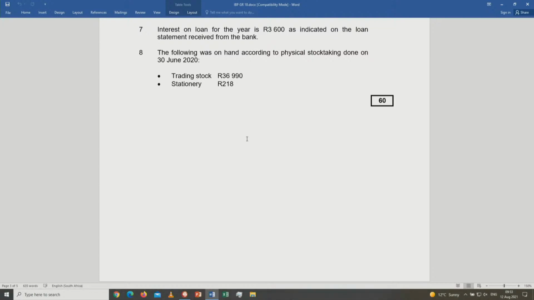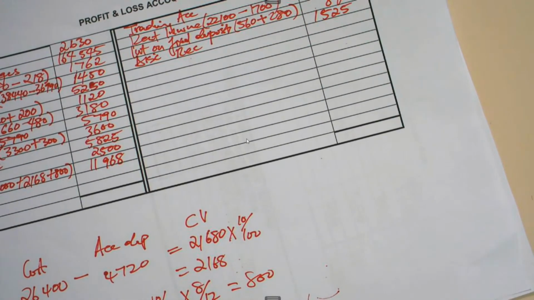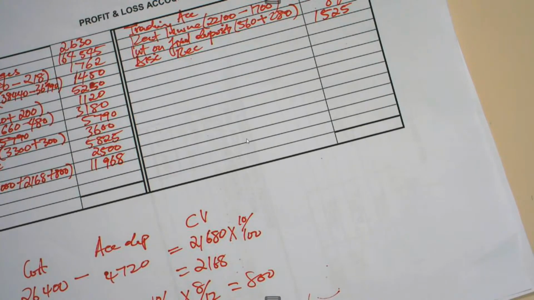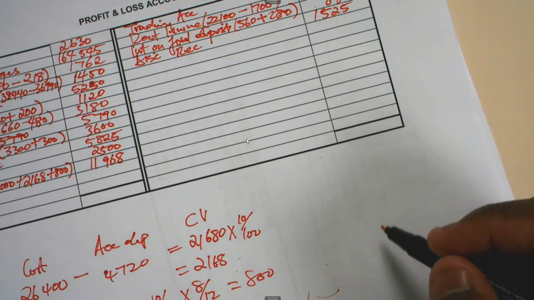And remember, we close off our profit and loss account with a capital or net profit. So now, starting from the credit side, we have 250,400 plus 20,000 plus 20,400 plus 840 plus 1,525.